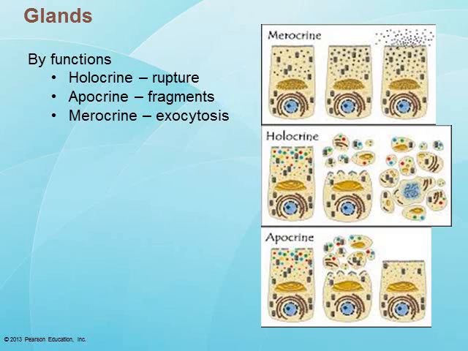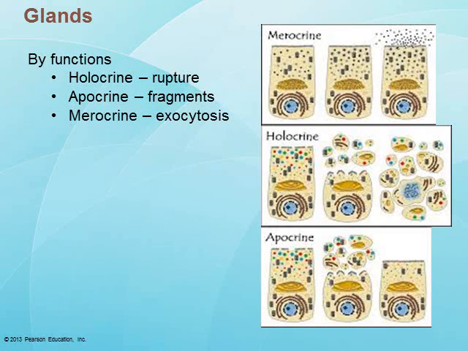Okay, the merocrine sends secretion by exocytosis. The small bubbles, vesicles, carry the sweat or different secretions to the surface of our body and release it. So from beginning to end, the cell itself does not change.